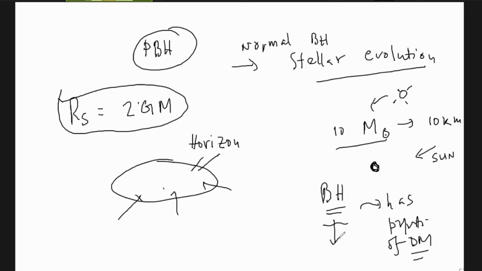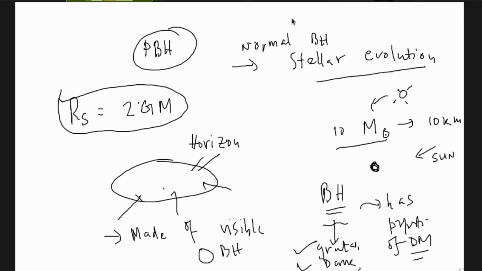Because it only interacts gravitationally, and it is dark, meaning it does not emit light, and that's it. It is neutral, or even if it has charge, a very tiny charge. But then this PBH black hole will not be the usual dark matter. It will be like a normal dark matter, made of visible particles, but black holes.